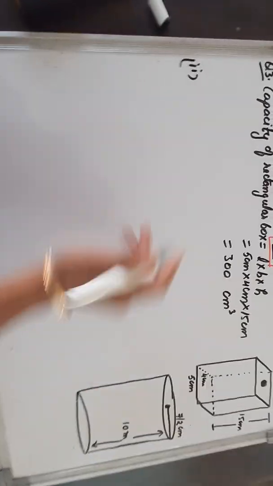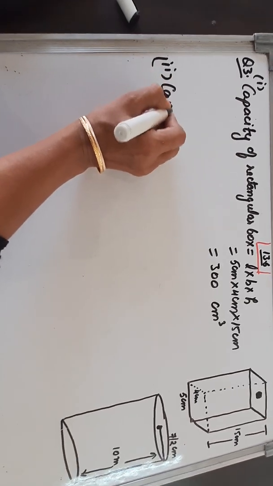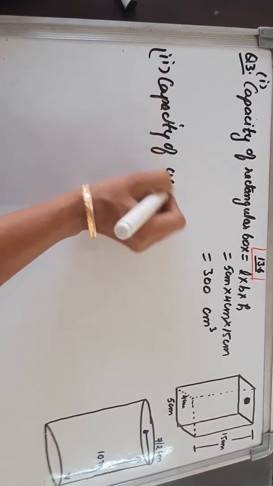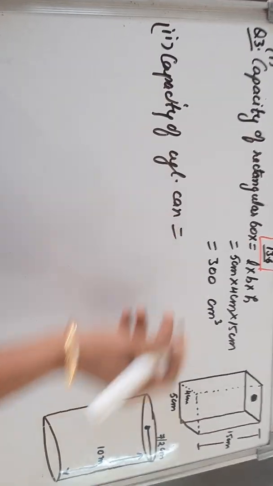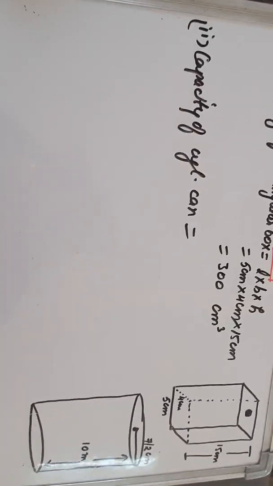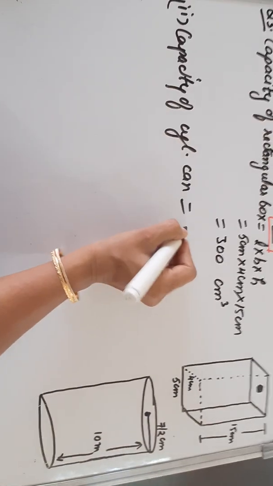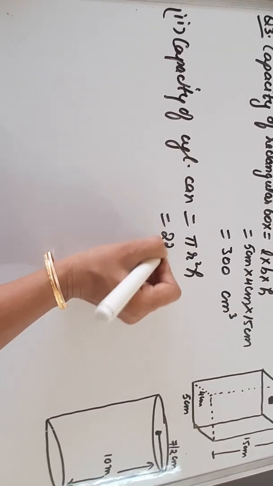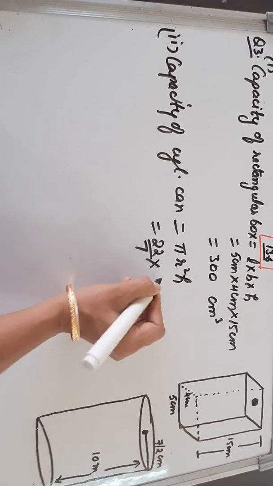Similarly, dear students, we will find out the capacity of the cylindrical can. So capacity of cylindrical can is equal to, of course, capacity means its volume. So volume of a cylindrical object is pi r square h. So pi 22/7 multiplied by radius.